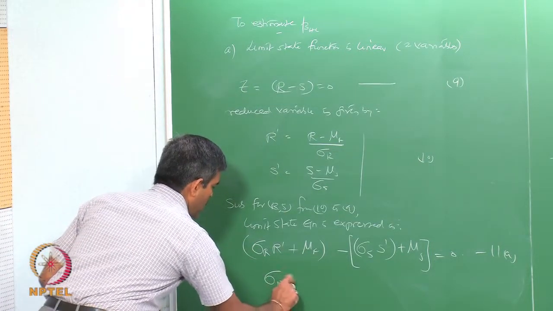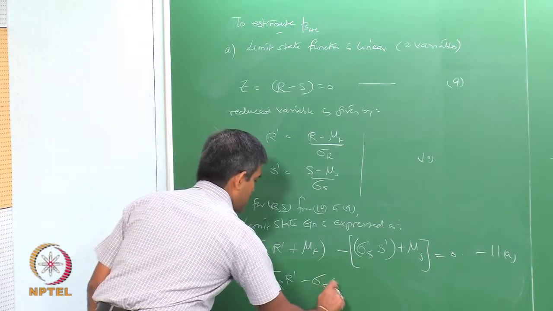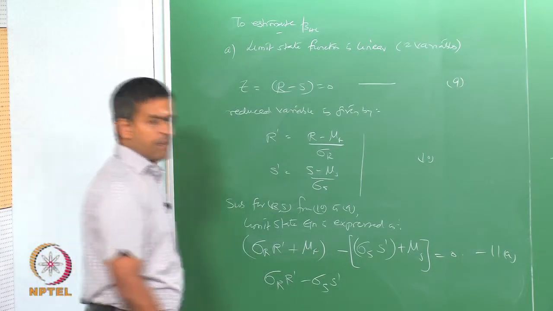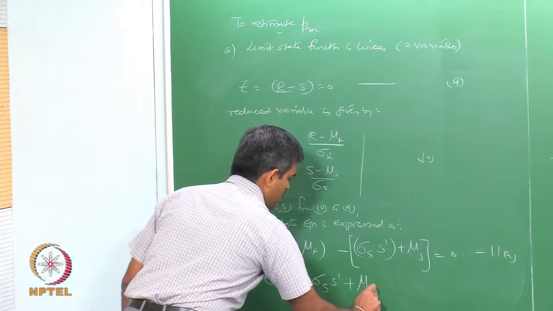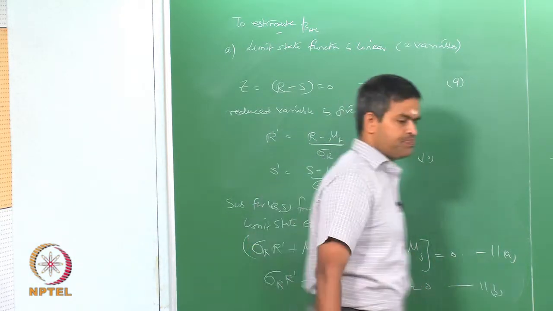So, sigma r r prime minus sigma s s prime plus mu r minus mu s is 0. I call this 11b.